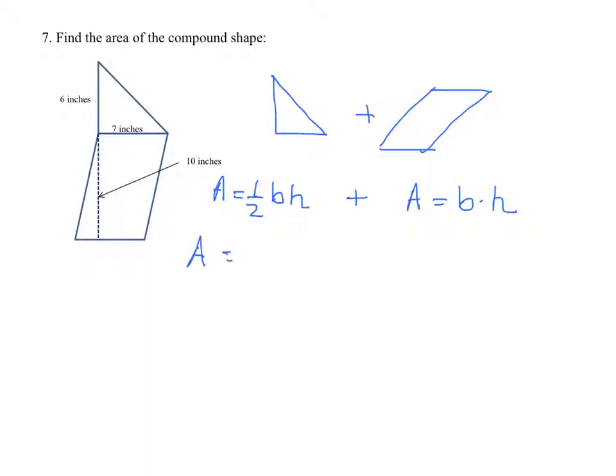For the triangle, the base and the height come together at a right angle. And in this case, the height is actually a part of the triangle, which is fine. The base is 7 inches. The height is 6 inches. So we can multiply in any order we want.